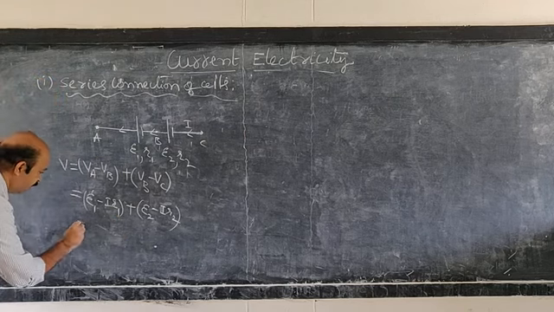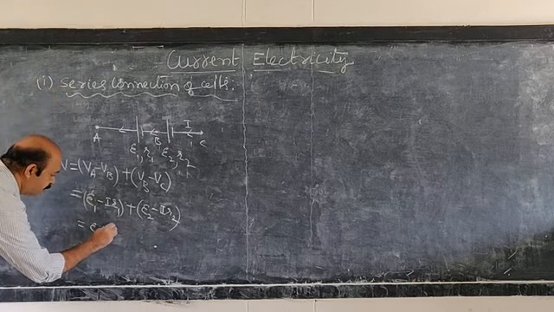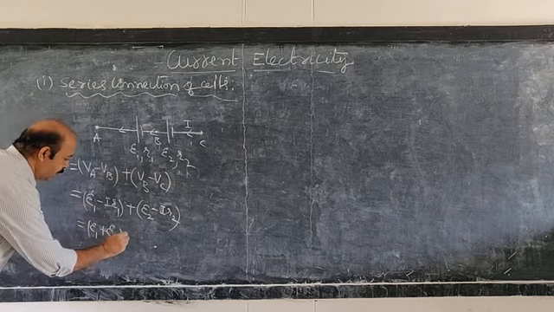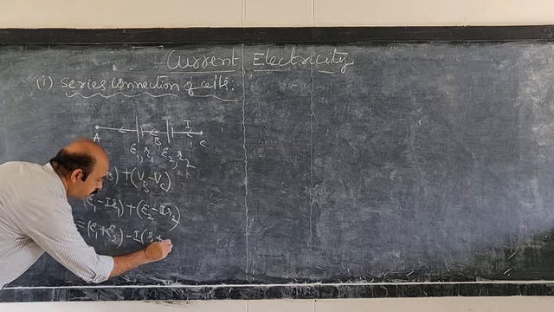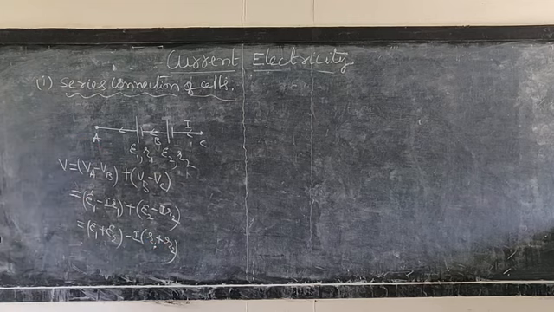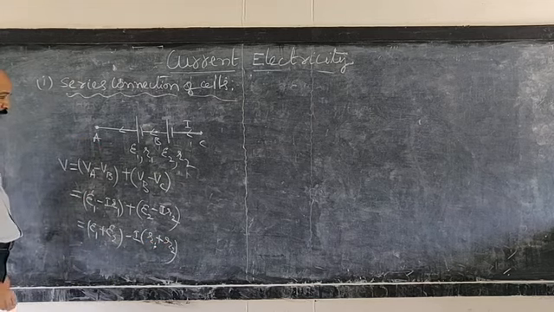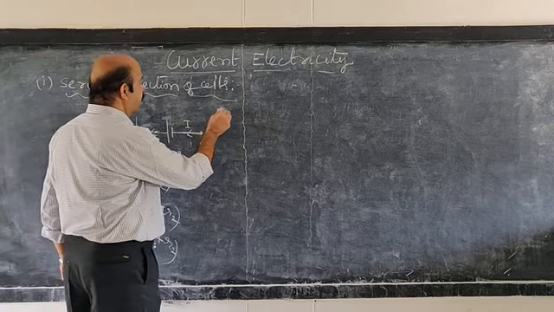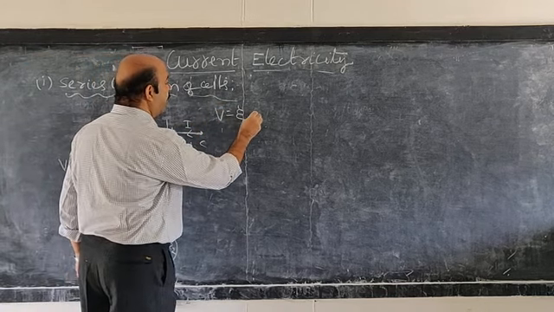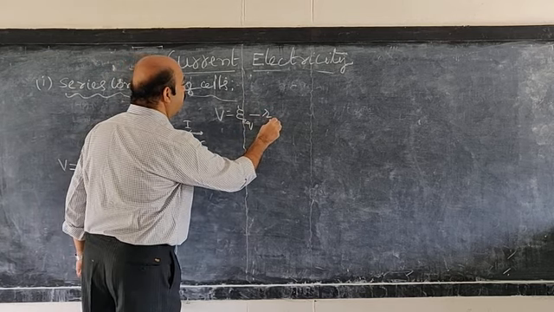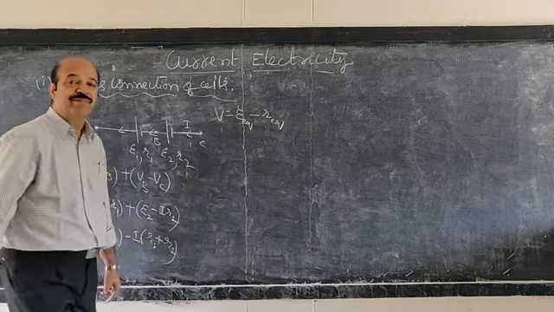Now therefore I can write like this: E1 plus E2 minus I into R1 plus R2. Therefore, comparing this with the standard equation, V is equal to the equivalent EMF minus I times the equivalent internal resistance.